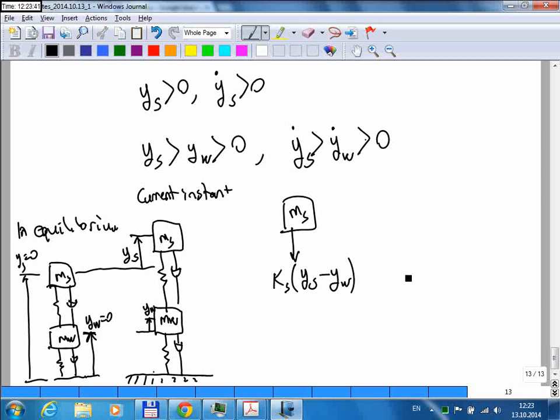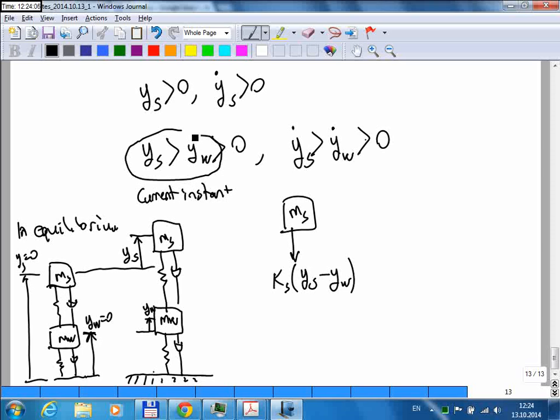We're keeping track of how the springs are, in which direction they are applying forces. So in the relaxed or equilibrium condition, we take the spring forces to be zero. And under this case where ys is extended and yw is also extended, but ys is extended even more due to this assumption.